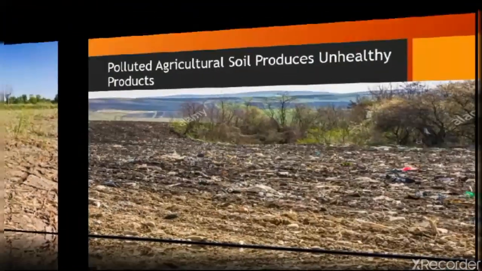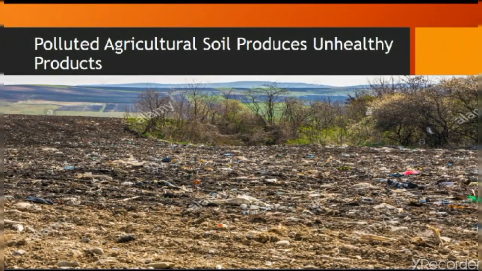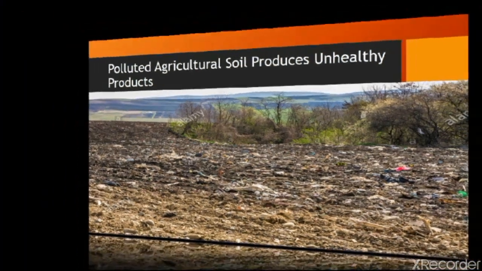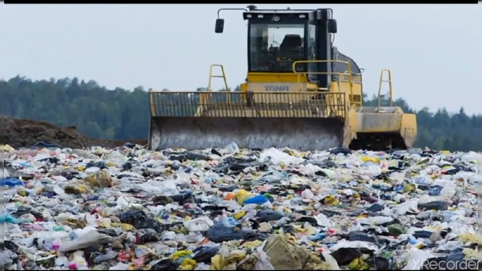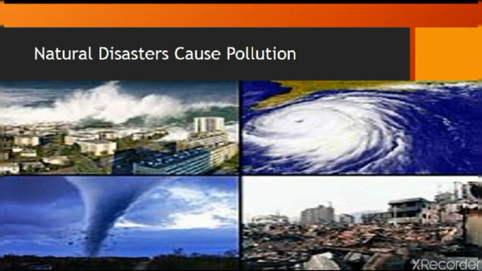This type of pollution reduces the amount of land suitable for agricultural production and contributes to global food shortages. Dumping of industrial and domestic waste products produces much of the world's soil pollution, though natural disasters can also add to the problem.